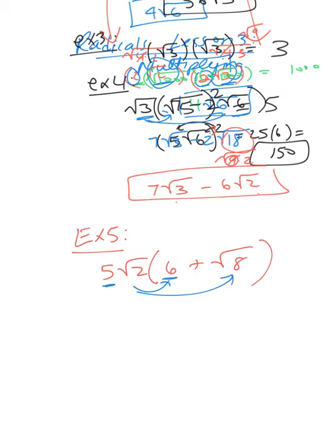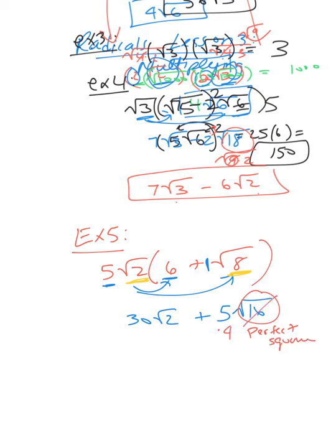The 6 multiplies just with the 5, so this will be 30 radical 2 plus, and then the square root of 2 is irrational, multiplies with the irrational square root of 8. So this will be 5, because it's really a 1 in here, so 5 times 1 is 5, times the square root of 16. Now, the square root of 16 you have to recognize is a perfect square. So the square root of 16 is 4, just a rational 4.